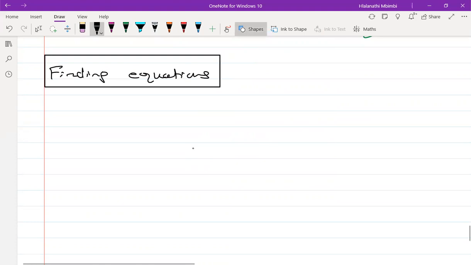I want you to note something. If you have 2 lines that are parallel, like that, the gradient of this line is M1, the gradient of this one is M2, and their gradients would be equal.